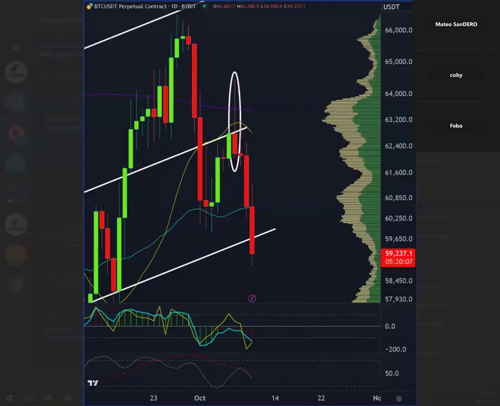And then the people who use the midline of those diagonal trend lines, they also got in. So everybody is in. All the shorts had basically from 65 to 62,400 time to enter.